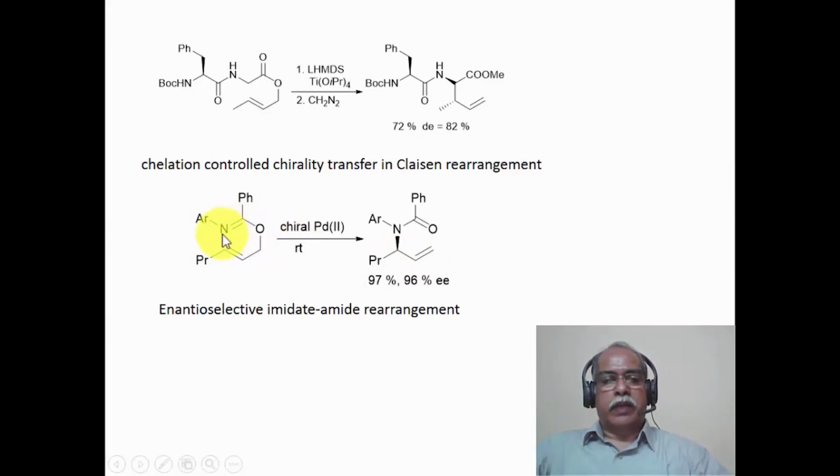The 3,3 sigmatropic rearrangement of this particular derivative gives this tertiary amide in a highly enantioselective manner because of the chiral nature of the palladium catalyst that is used. So this is an example of an enantioselective imidate to amide rearrangement, which is a 3,3 sigmatropic rearrangement in this particular case.